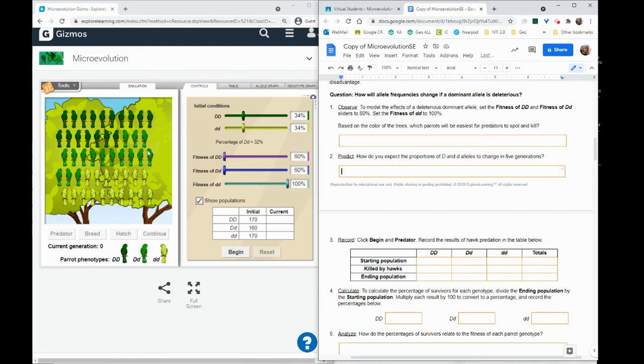So you need to take into account this situation and think about which parrots are more likely to live longer, and as a result of living longer, have more opportunities to have babies and pass on their genes. And then which individuals are more likely to be killed by the predators at an early age, meaning they won't be able to pass on their genes. And so there would be fewer of those genes passed on to the next generation.